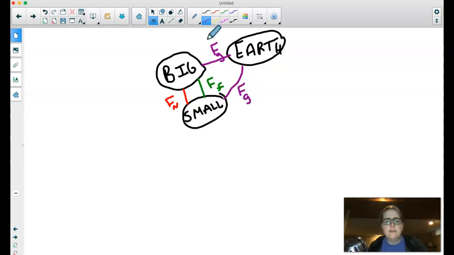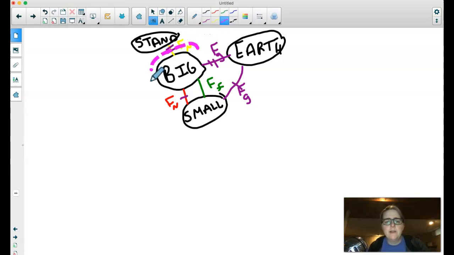Now, for this normal force between the small disc and the big one, once that small disc lands on top of the larger one, these two balance each other. And then we also have the stand that that big disk is sitting on. And I'm going to call that a normal interaction as well. And then that normal force equals the force of gravity.